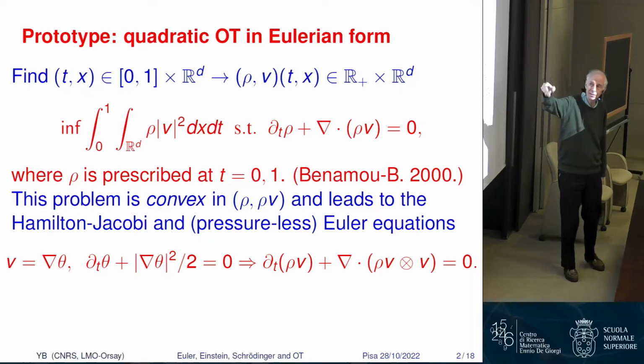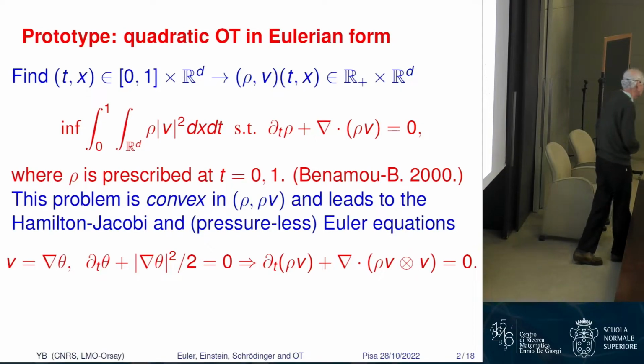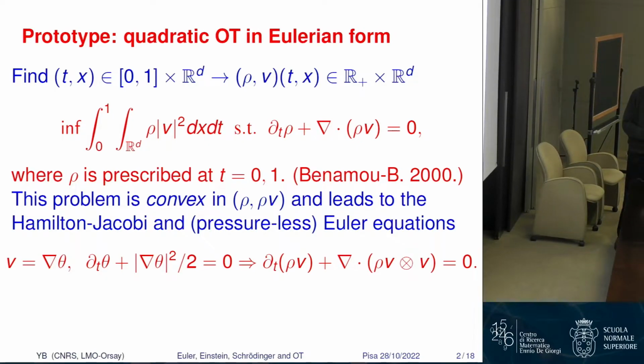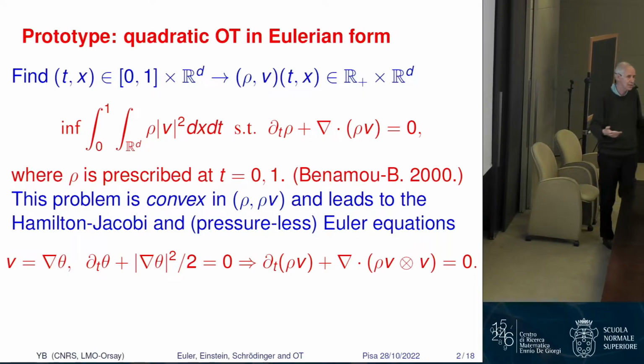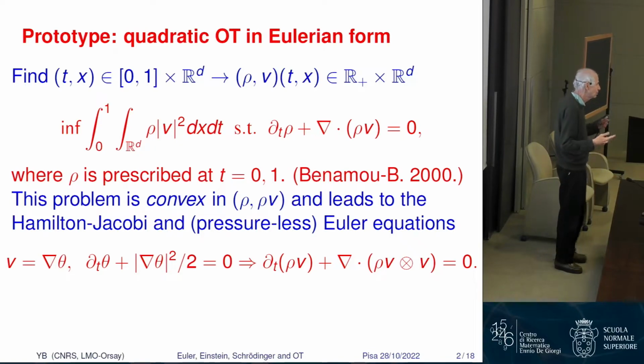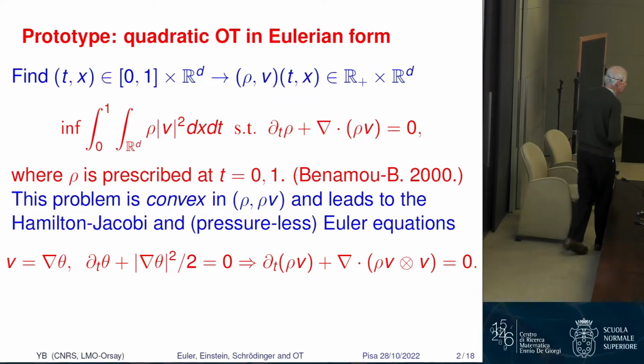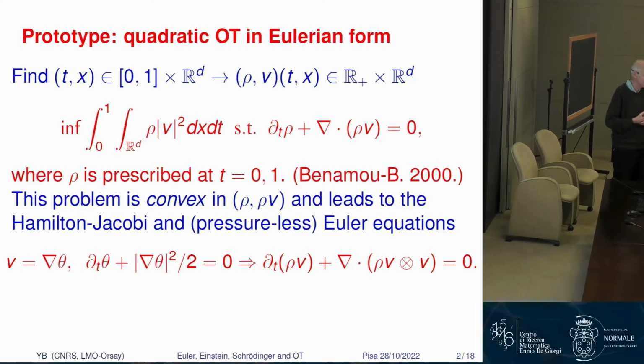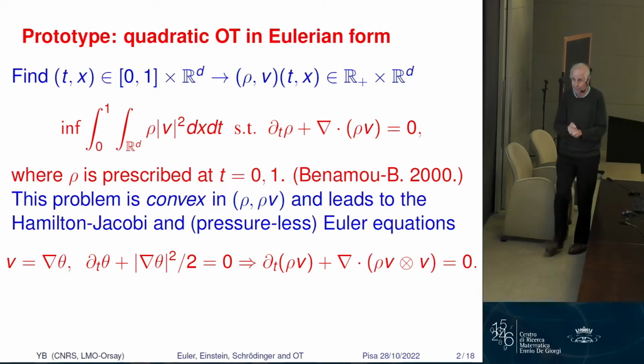And you minimize the time integral of the kinetic energy of this fluid. It's a very elementary idea, but it turns out that it's absolutely equivalent to the Monge distance of order 2, the quadratic Monge-Kantorovich distance between rho 0 and rho 1.